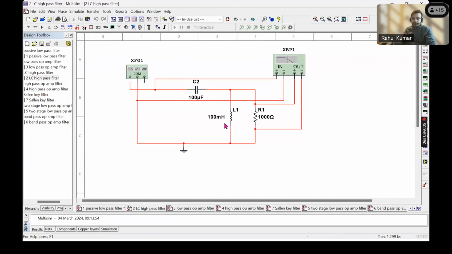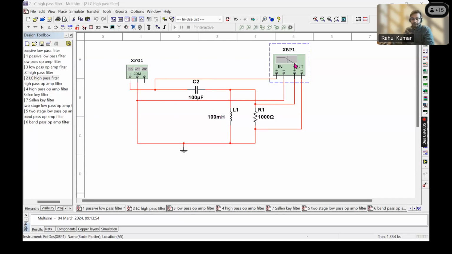So you can use the formula which we have discussed: 1 over 2 pi square root of inductor L multiplied by C. If you do the calculation, you should end up getting somewhere around 50 hertz. I've done the calculation, it comes out to be 50.33 hertz. So that is the cutoff frequency.